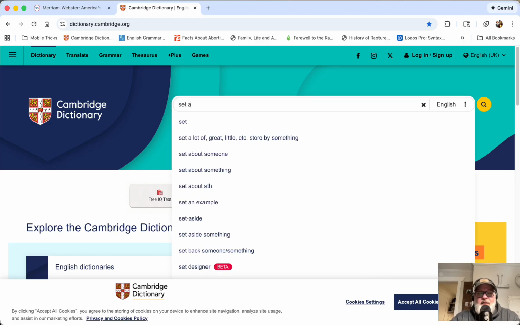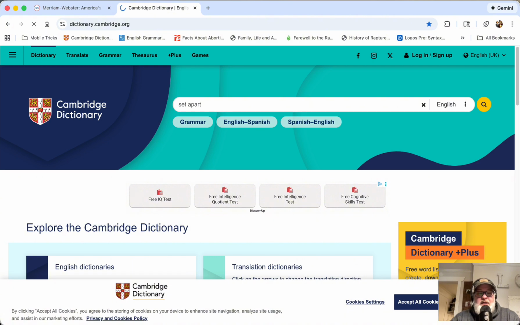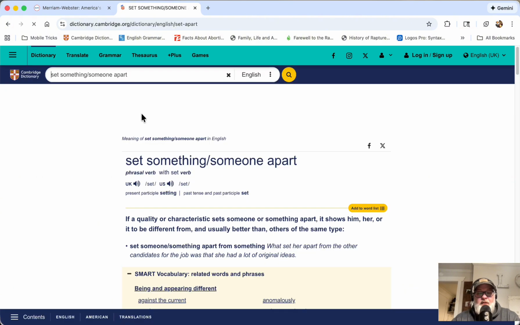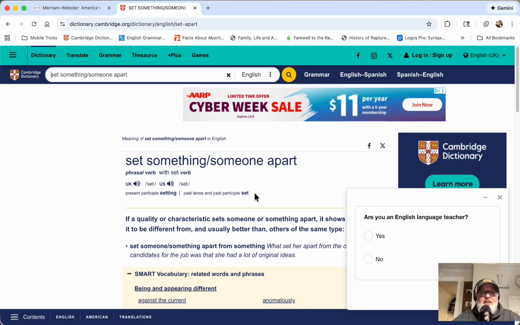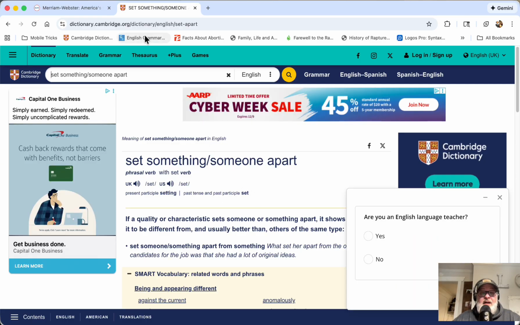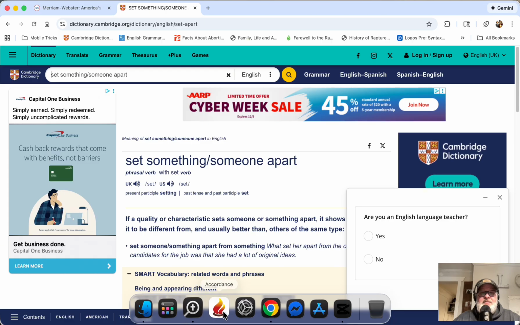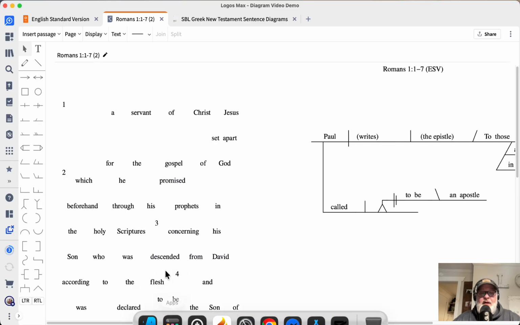And I liked it because when I typed in set apart here, and I'll let you see this, you can see that it says right here, past tense and past participle of set. And I thought, okay, now that makes sense because set apart also seems to be modifying the noun Paul.